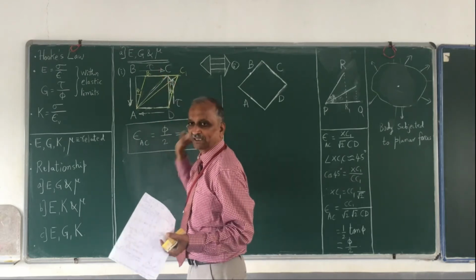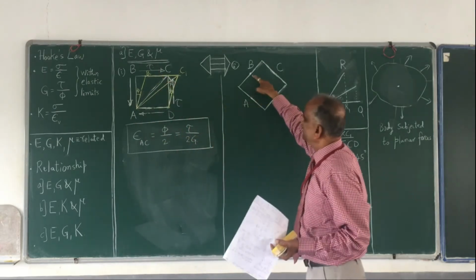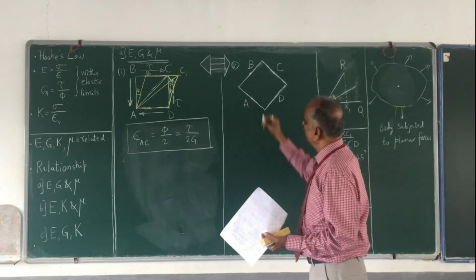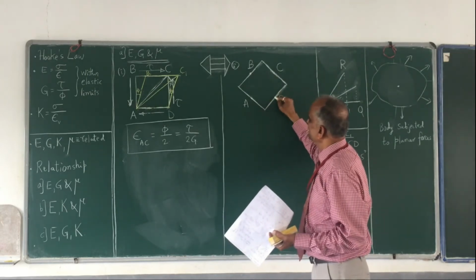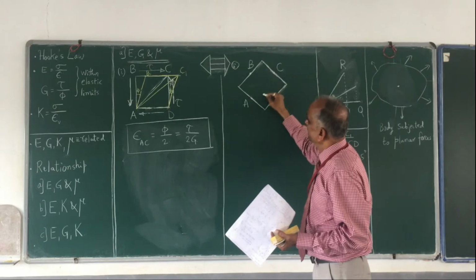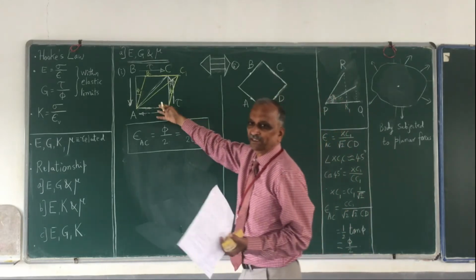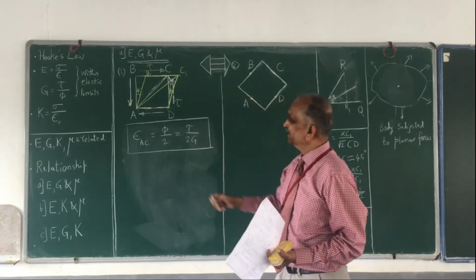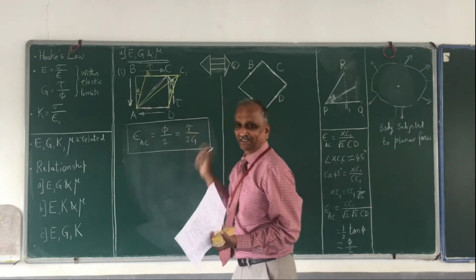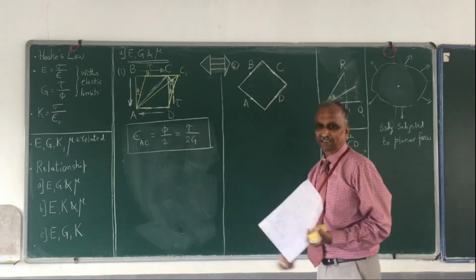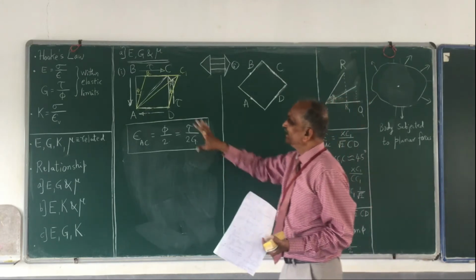In other words, B is the midpoint, D is another one, and this is C, and this is A. Just to compare here. Otherwise, you can name some more points. But size, everything same.